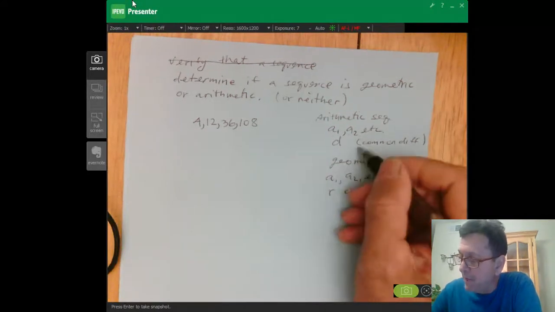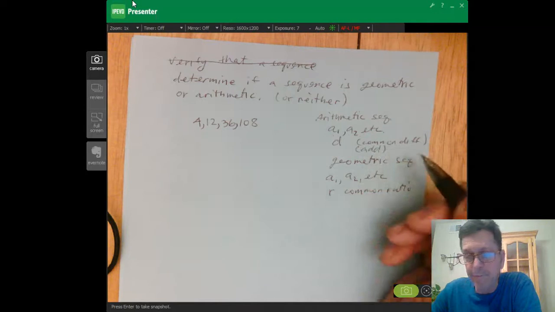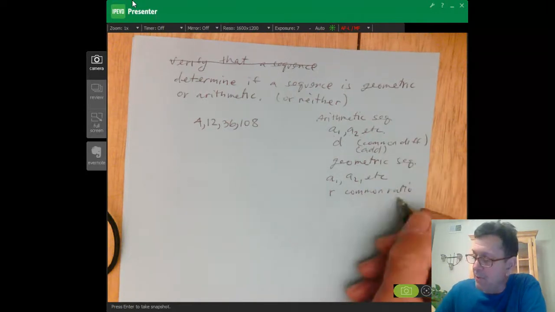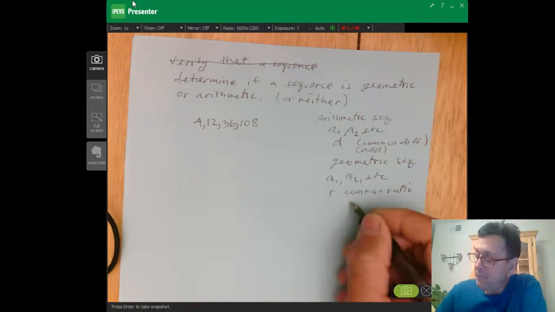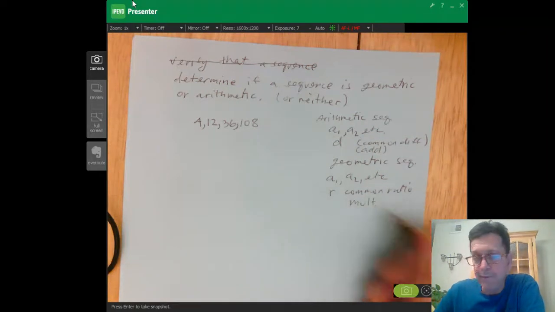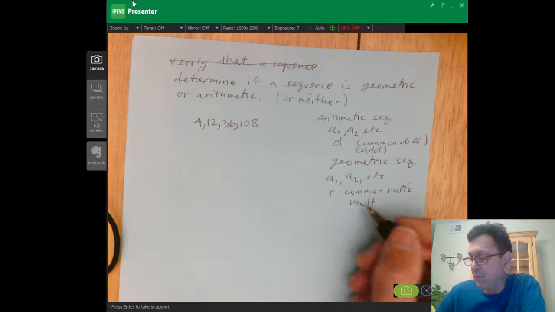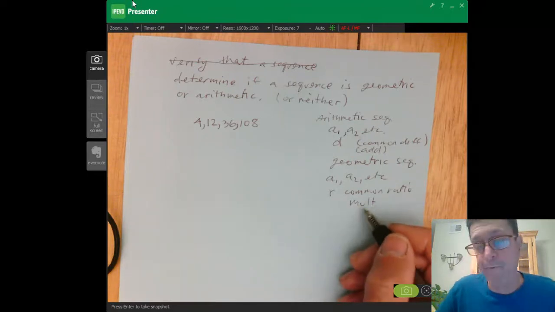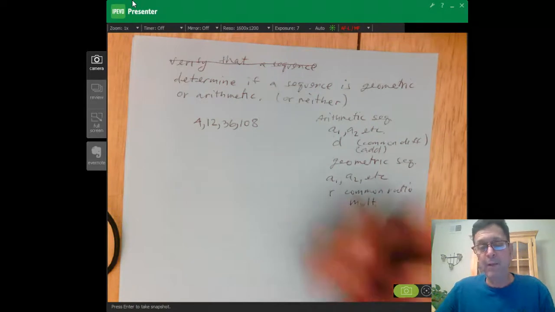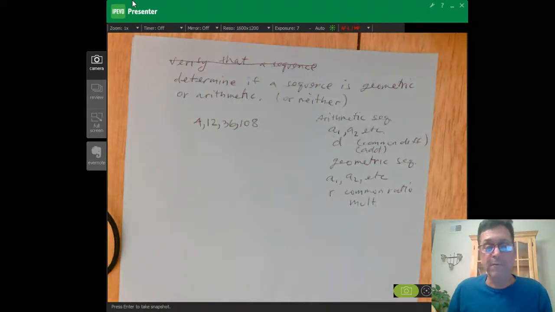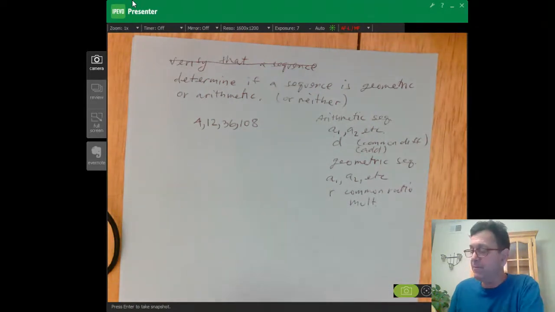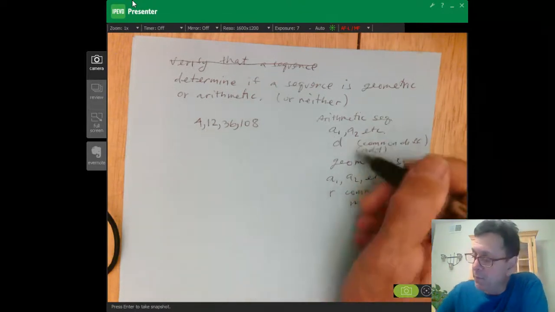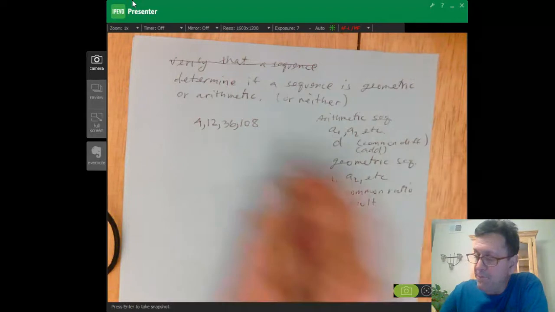And the key difference is this one is addition or subtraction, and our common ratio is multiplication. So again, this could be multiplication or division. If we multiply by a fraction, which we haven't talked about yet, it would give us the same thing as if we were dividing.